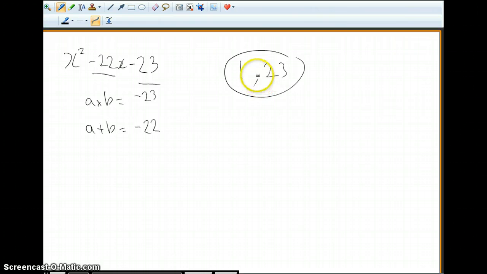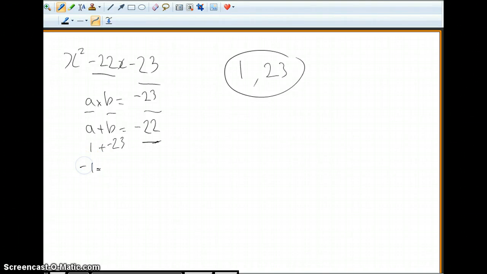One of them is minus and one of them is positive, because here you need a negative times a positive to get a negative. So only one of them is negative. This gives it away. I want to make the 1 positive, so that I wind up with minus 22.